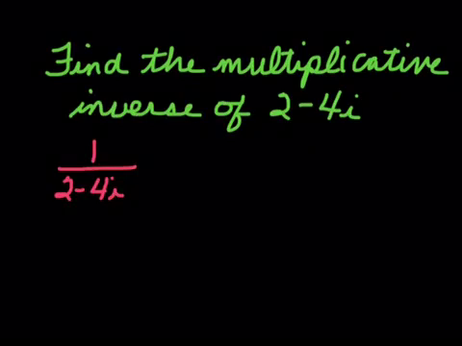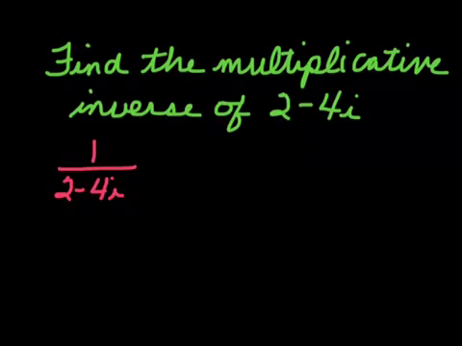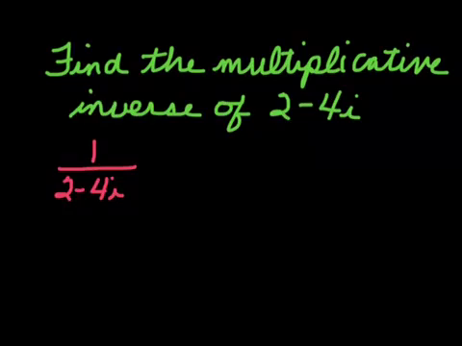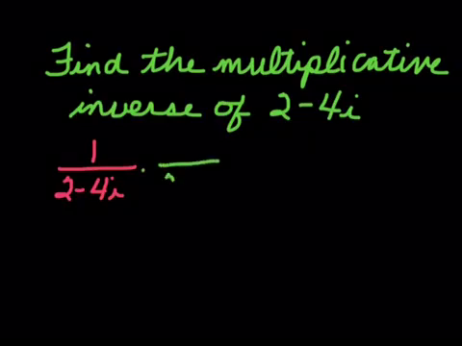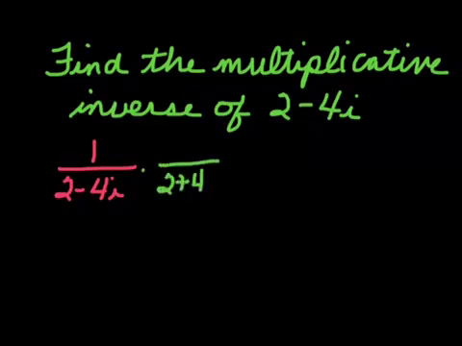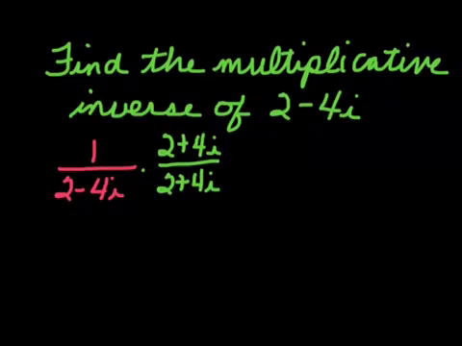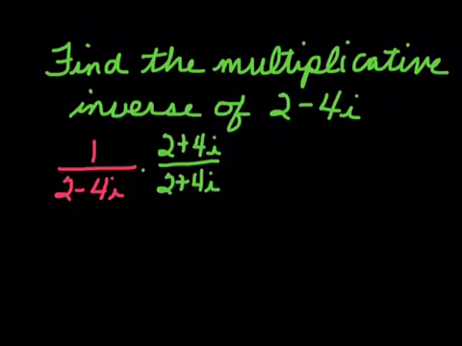Since i is not allowed to be in the denominator, to get rid of that i, we have to multiply by the conjugate. So we're going to multiply by 2 plus 4i over 2 plus 4i. Multiplying by the conjugate will get rid of the i in the denominator.